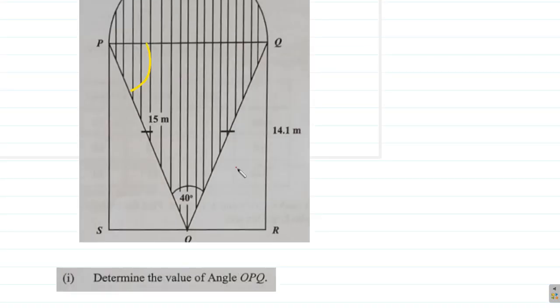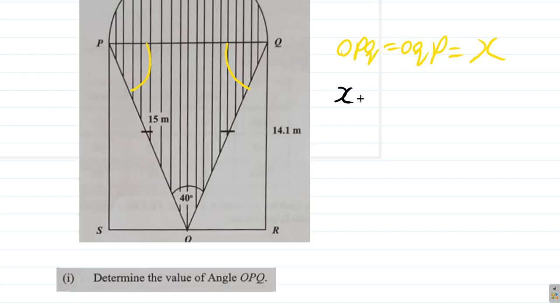So that means OPQ is an isosceles triangle. It means that this angle OPQ is equal to this angle OQP. So OPQ equals OQP equals, let's call it X.